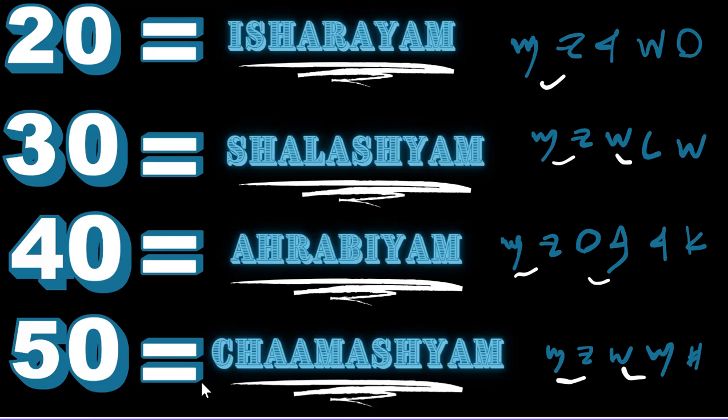To say 31, Achad Shalashim. For 41, Achad Arabayim. For 51, Achad Chamashim. And you will do that with the other numbers. You just add those singular numbers in front of Asharayim, Shalashim, Arabayim, if that makes sense.